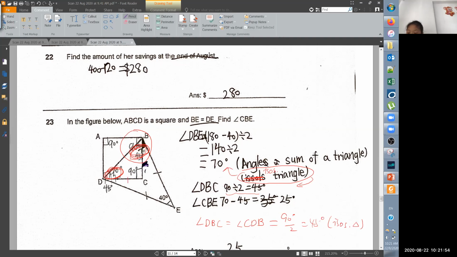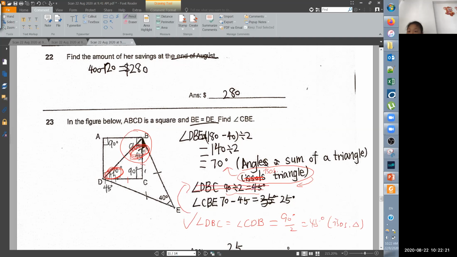Because this is a square. All right. Okay. Then this one, CBE minus 45. Yep. So this is 25. Okay. Good. Please make use of this to replace your this.